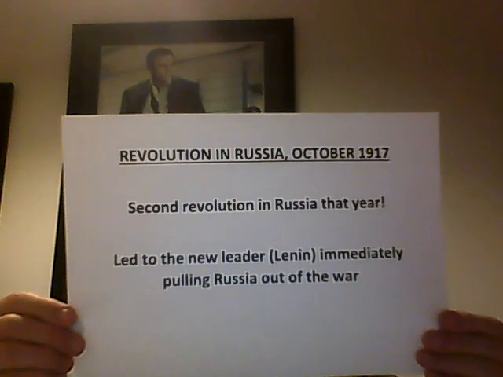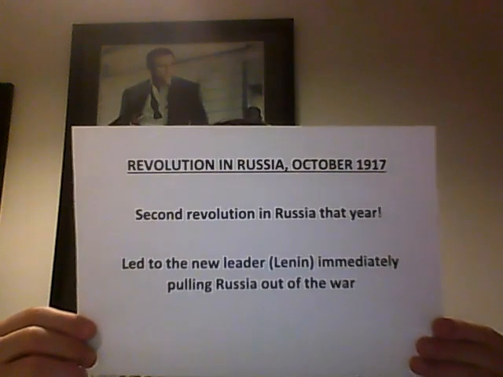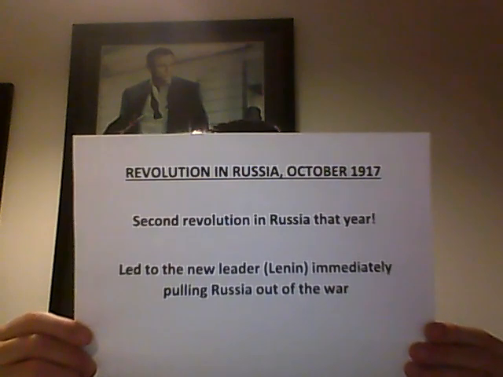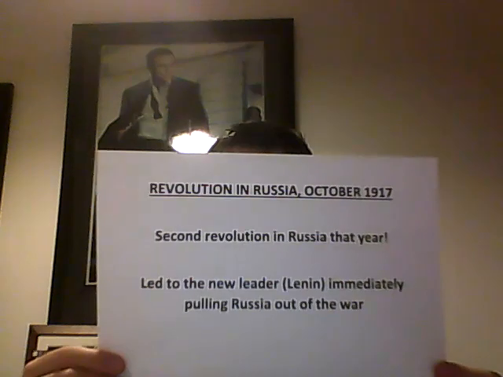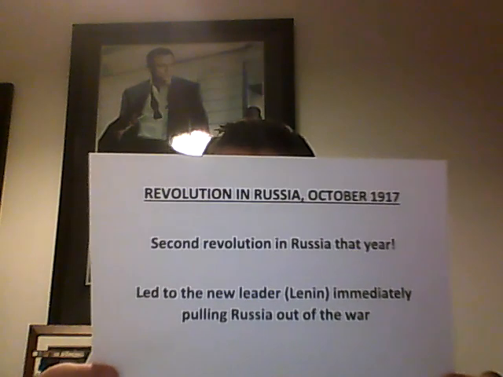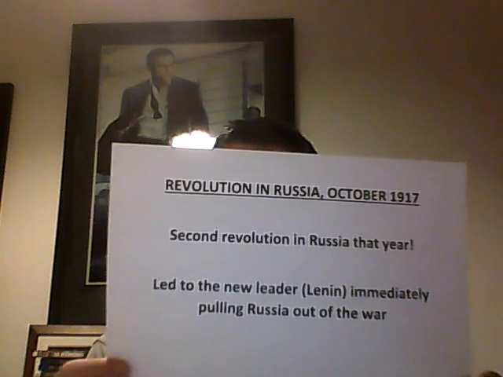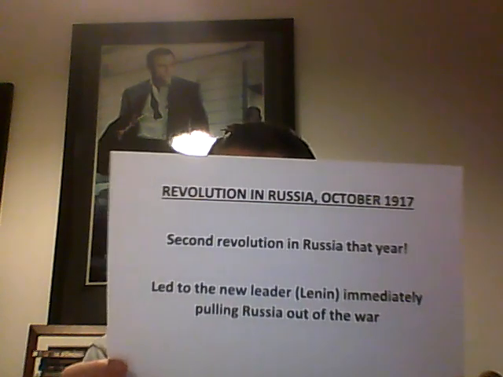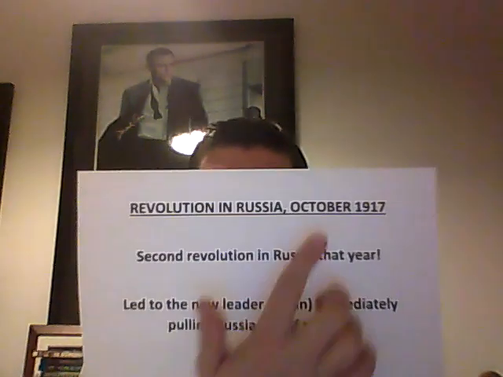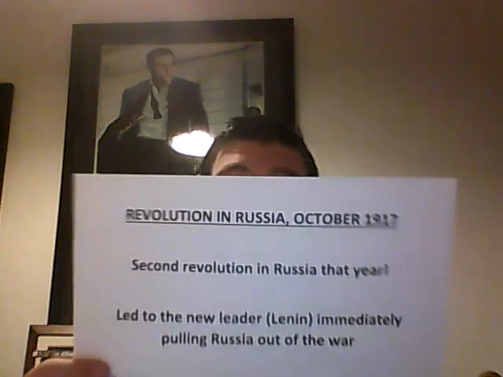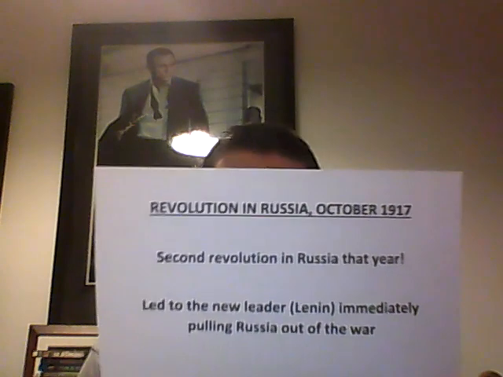So it's actually the second revolution in Russia in a year. They'd had a previous revolution in February 1917. But after the February Revolution, they'd stayed in the war, because the provisional government that had taken over Russia kept Russia in the First World War. But the new government that takes over in October 1917, the Bolshevik government, immediately pulled Russia out of the war.